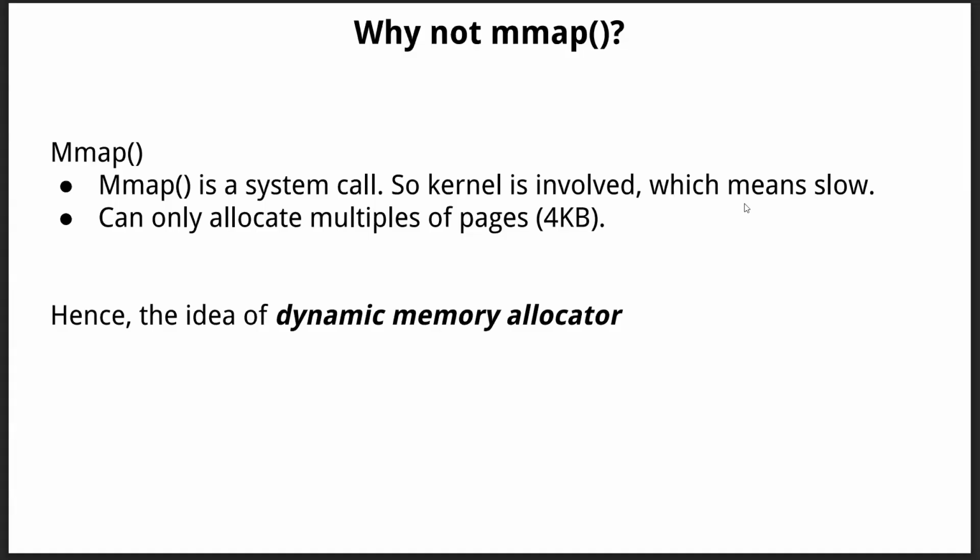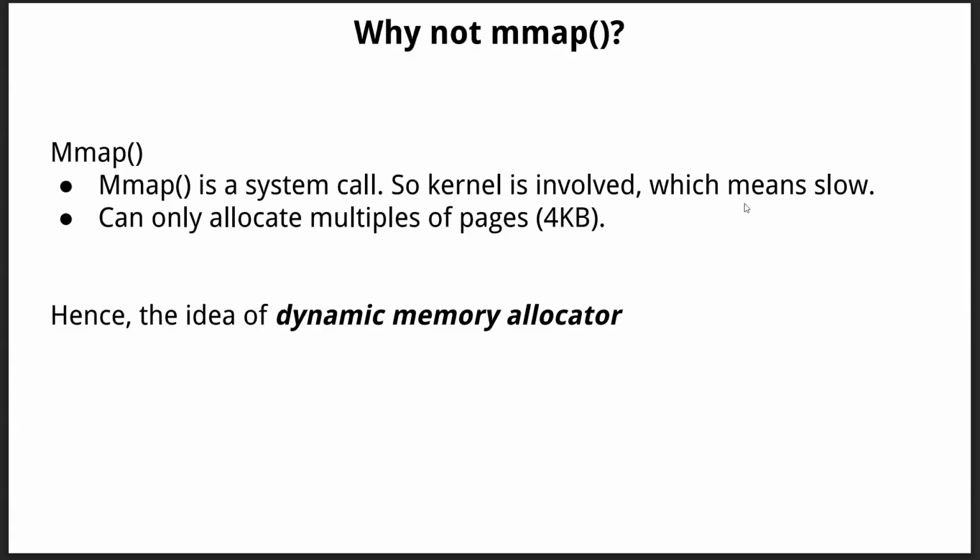So when you use malloc, malloc will give you 50 bytes, give you 500 bytes. Every time you call it, it does not necessarily go to the kernel. You always manage that in user space. Technically, you can use mmap, brk or sbrk to do memory management, but it will be too slow.